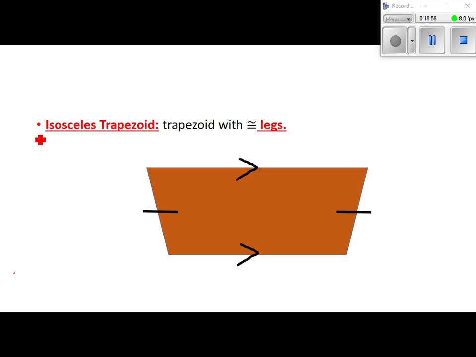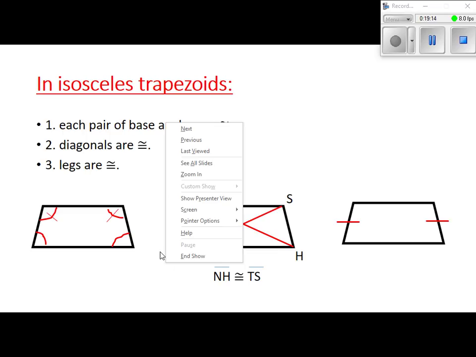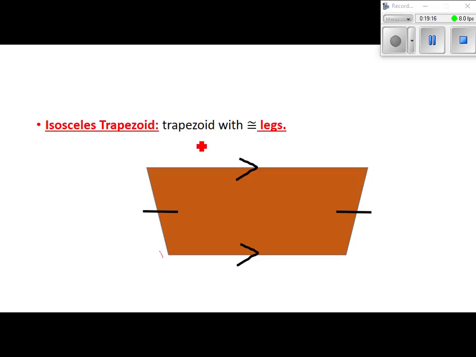An isosceles trapezoid. Not a triangle trapezoid, an isosceles trapezoid. Joe was using the wrong word out of the triangle name. In an isosceles trapezoid, guess what's true about the two legs? They're congruent, just like in an isosceles triangle.